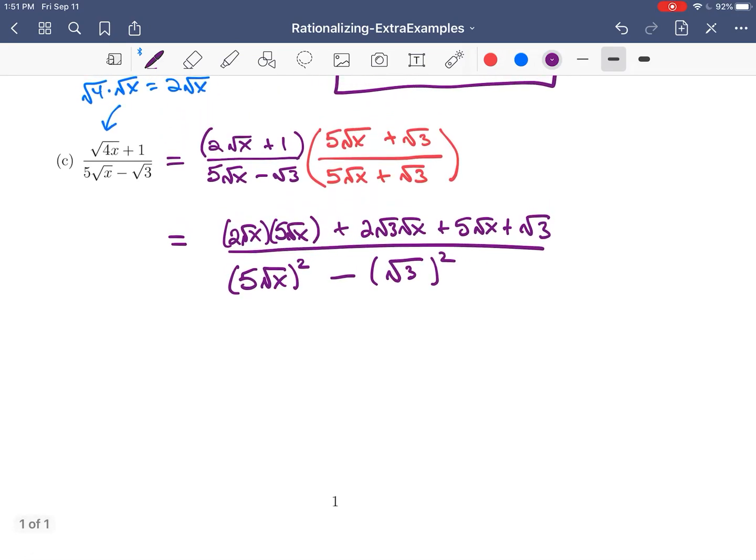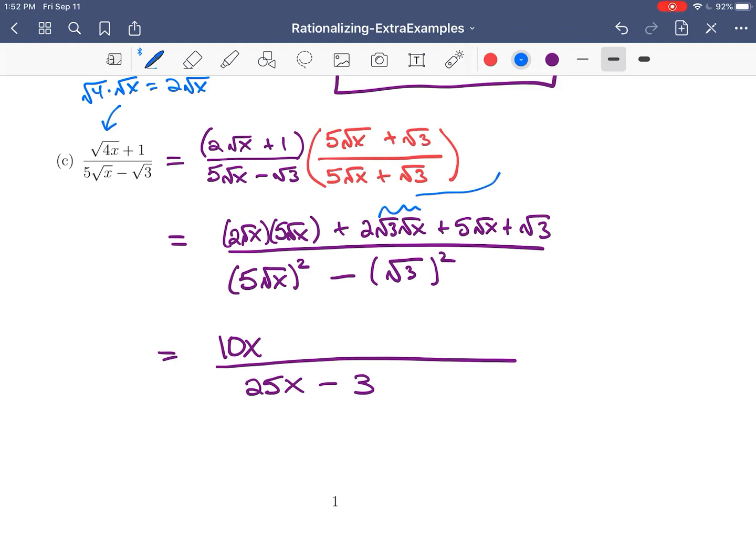Now we can simplify this a little bit. On the bottom, I'm going to have 25x minus 3. Now 2 root x times 5 root x: the root x's are going to become an x, and the 2 times the 5 is going to be a 10. And then for this part, just to make it a little bit nicer, like we did with the root 4x, we can put these together.